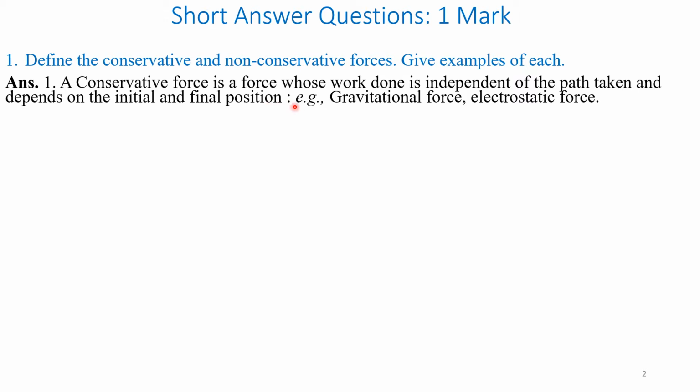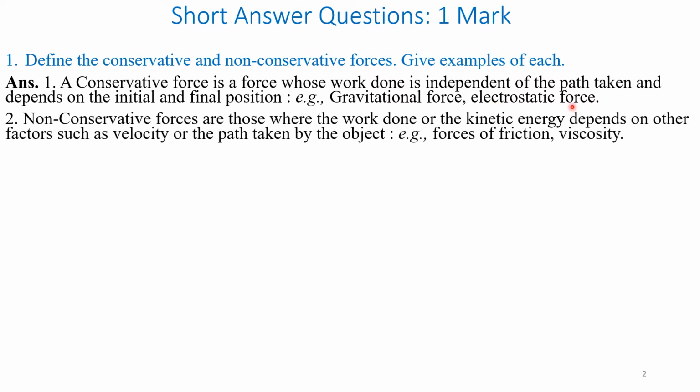Examples of conservative force are gravitational force and electrostatic force. The non-conservative forces are those where the work done or the kinetic energy depends on other factors such as velocity or path taken by the object. Examples of non-conservative forces are forces of friction and viscosity.